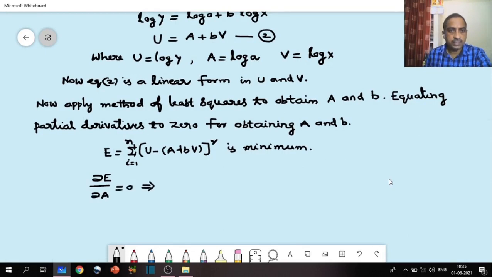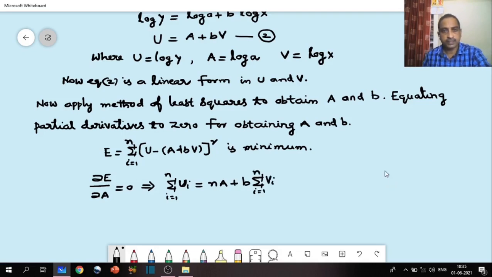That implies summation i equals 1 to n u i equals n A plus b summation i equals 1 to n v i. This is equation 3.